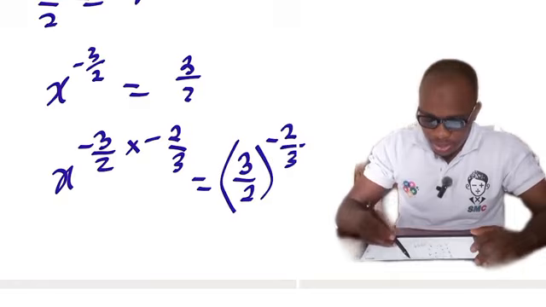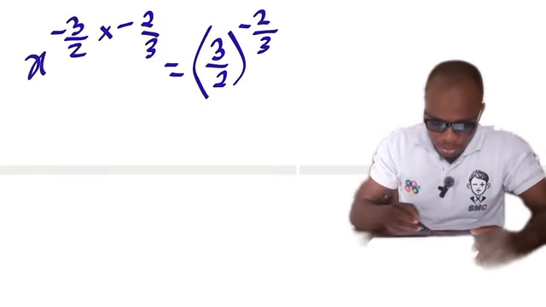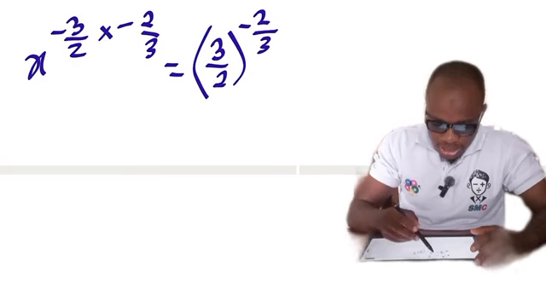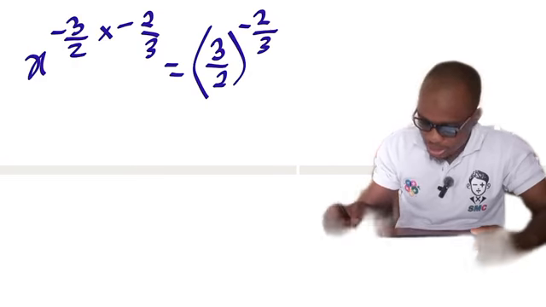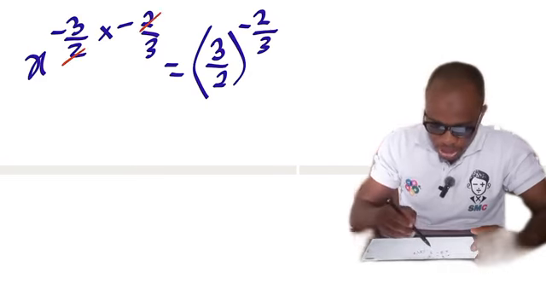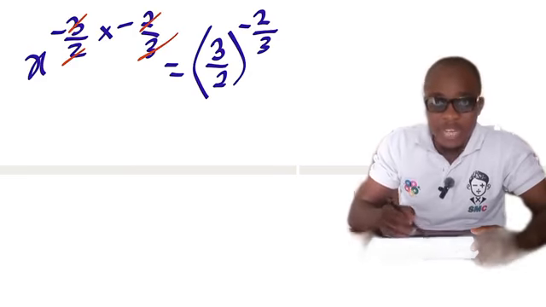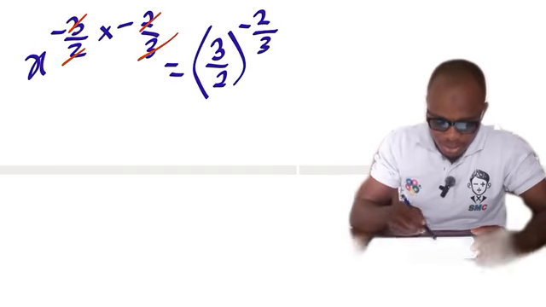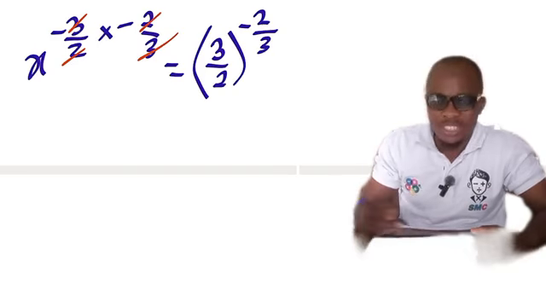Are you following? So moving on, this cancels this, then minus times minus, you're going to have 1.